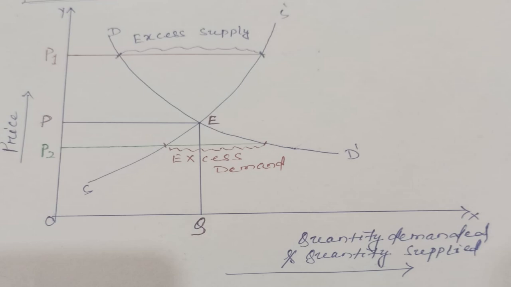This competition among the buyers to purchase the goods, which are short in supply, will push up the price level till it reaches the OP level, that is the equilibrium level. So, this is how the price cannot go up or down in a simple price determination model. It will be in equilibrium.